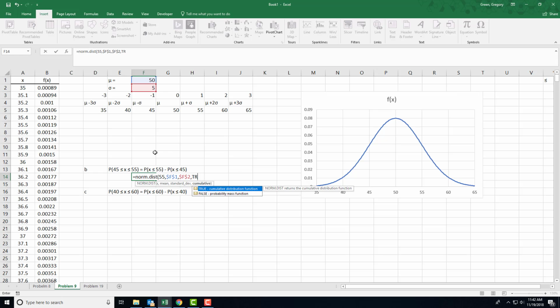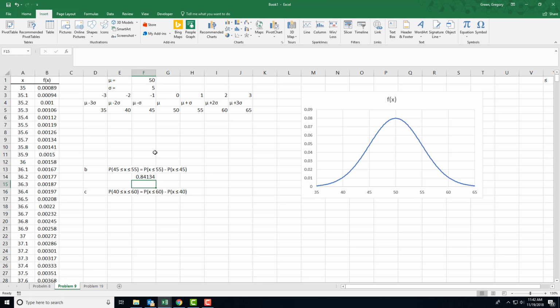And cumulative is true. Okay. If I push return, what I can say is that 84% of the area under this curve is to the left of the number 55. Okay. I need to subtract from that, so I'm going to go finish this.